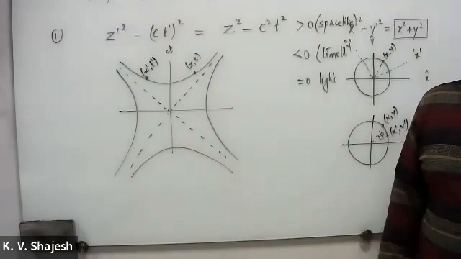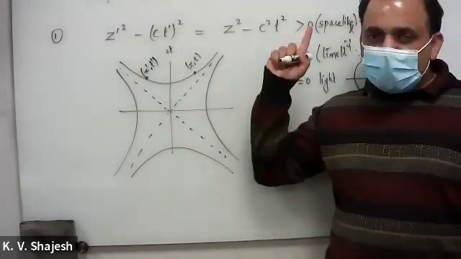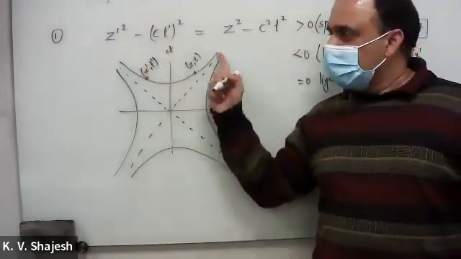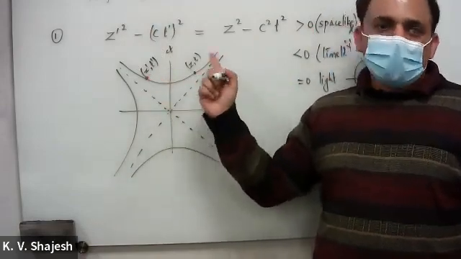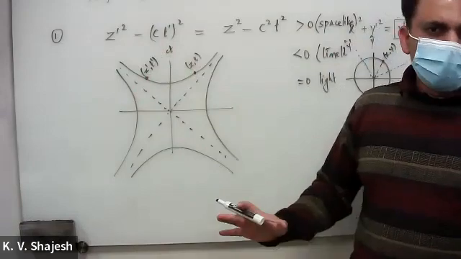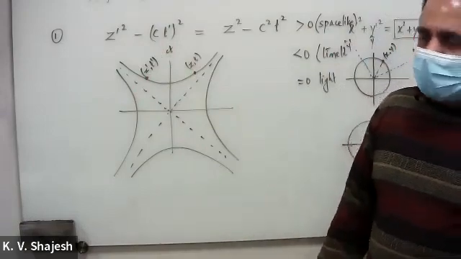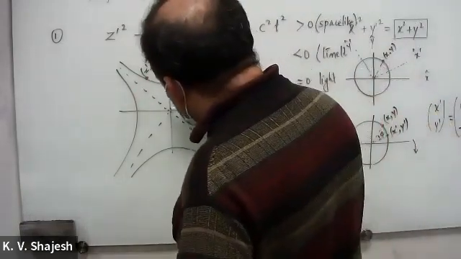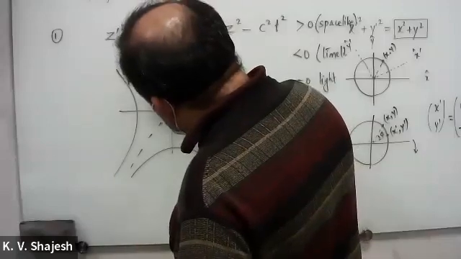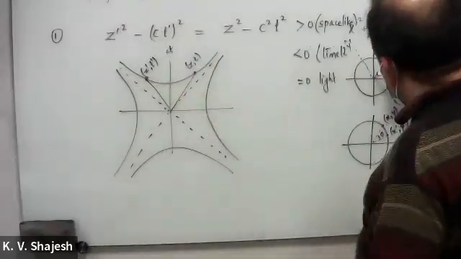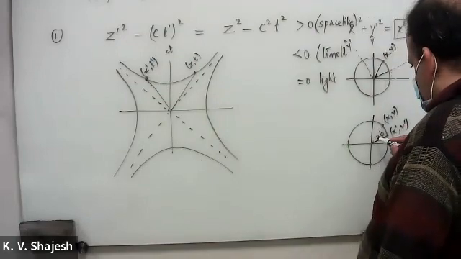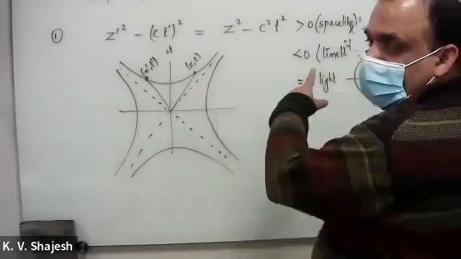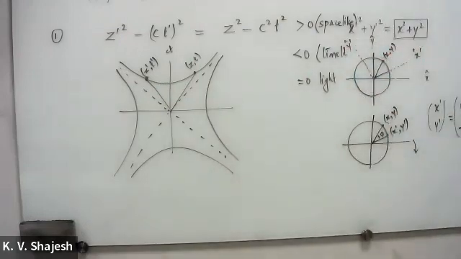Whatever my velocity, there exists a point on this curve which will allow this transformation to be true. So this is my original point, and this is my second point. These 2 points are connected by that. Clear?